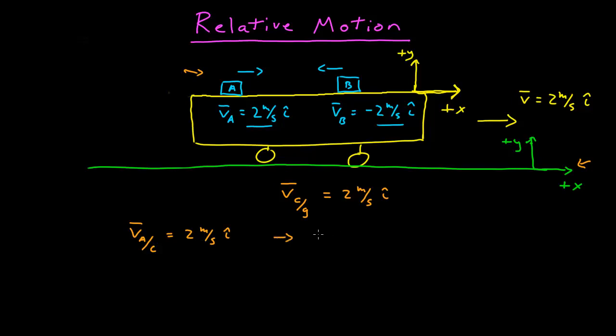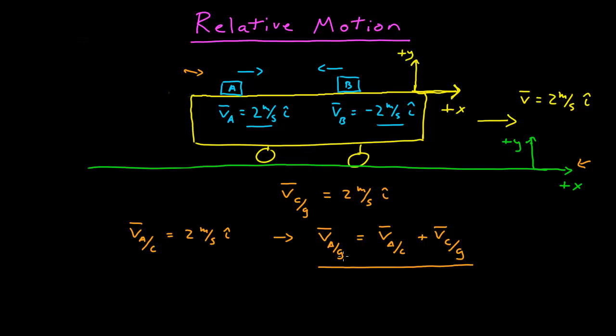And so to find it relative to the ground, the velocity of mass A relative to the ground is simply the velocity of A relative to the car plus the velocity of the car relative to the ground.